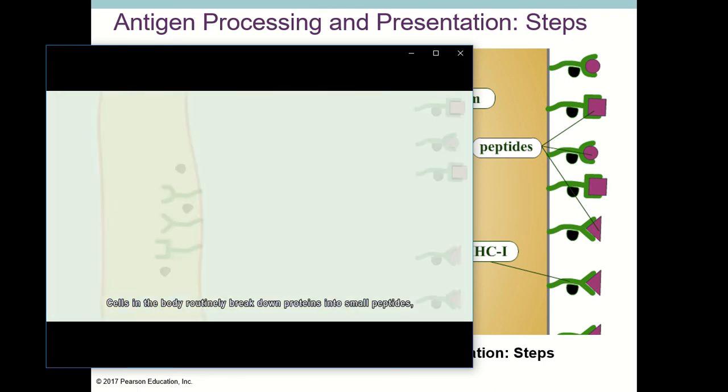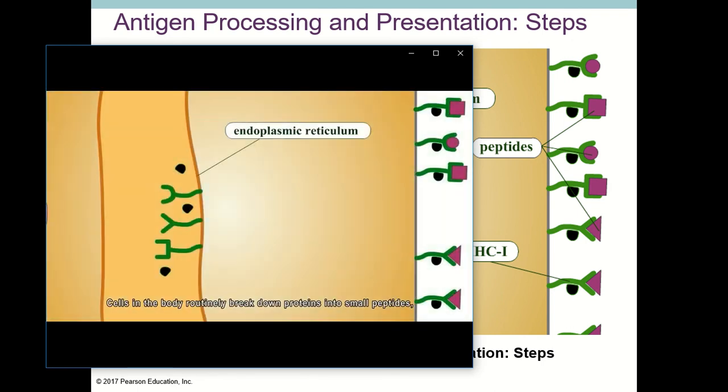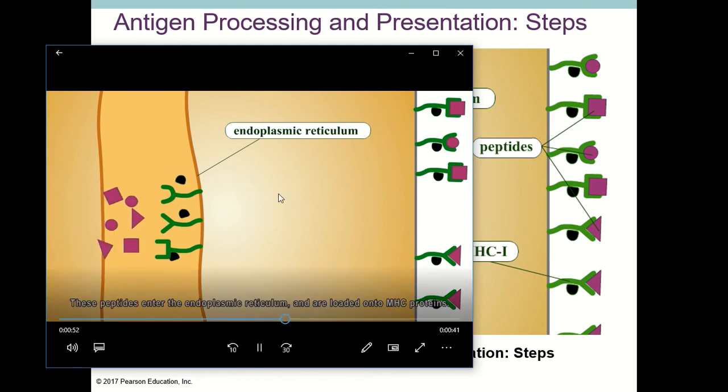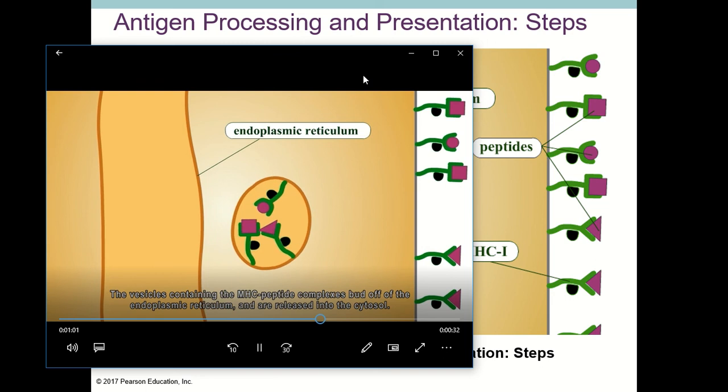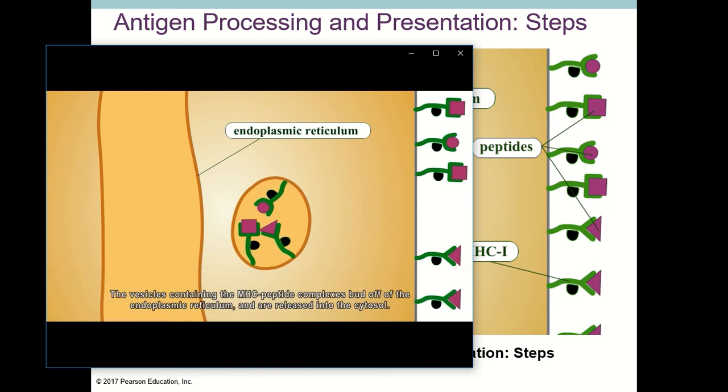Cells in the body routinely break down proteins into small peptides, which are about 8 to 10 amino acids in length. These peptides enter the endoplasmic reticulum and are loaded onto MHC proteins. The vesicles containing the MHC peptide complexes bud off of the endoplasmic reticulum and are released into the cytosol.